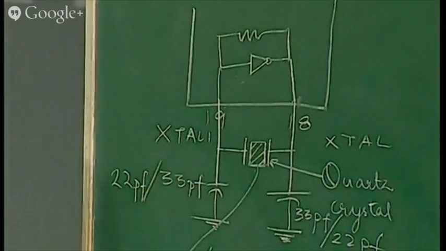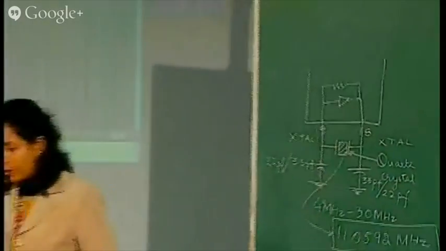The reason for choosing these two capacitors is that the circuit is basically a resonant circuit. If you do not connect these two capacitors, it will also resonate at harmonic frequencies. So these basically filter out the harmonic frequencies, which is why these two capacitors should be used. These are ceramic capacitors.